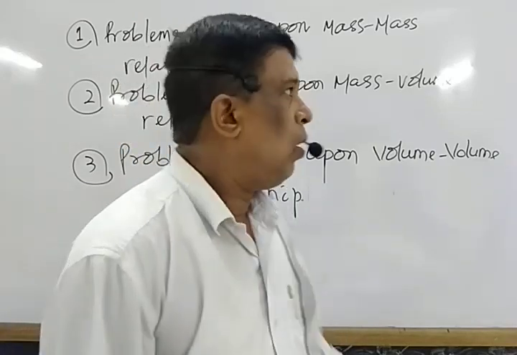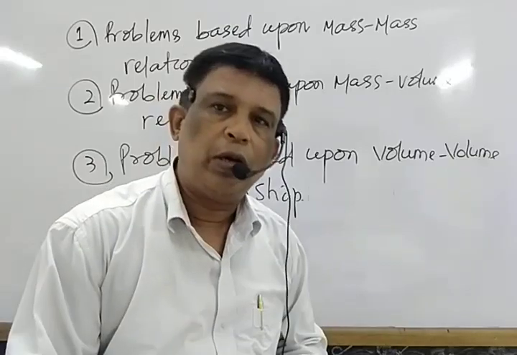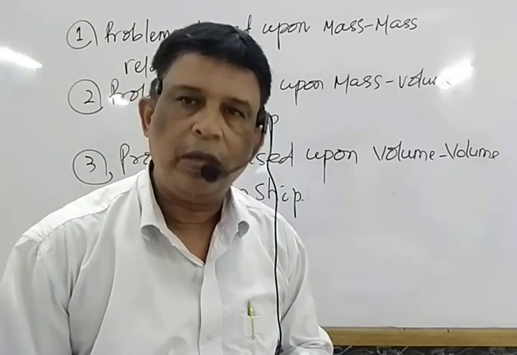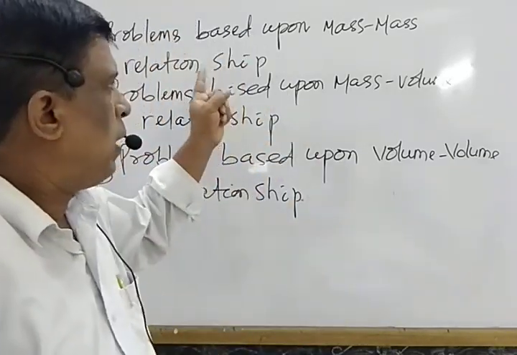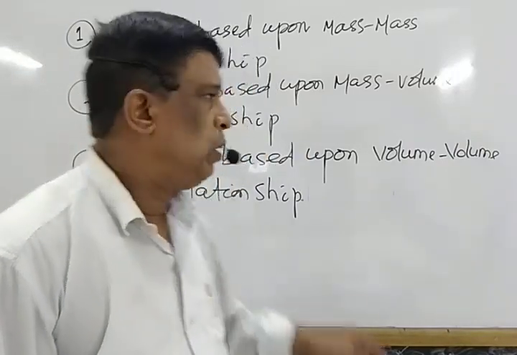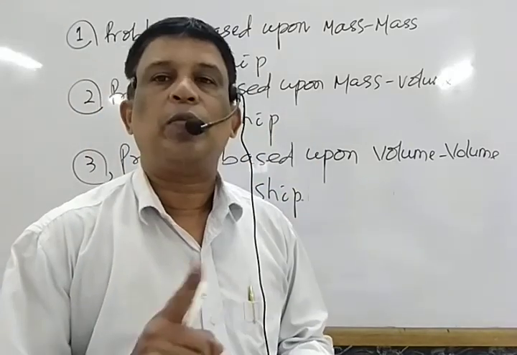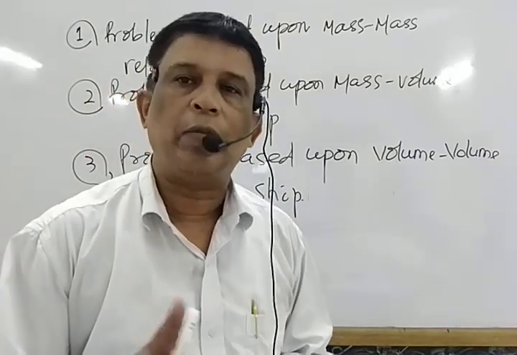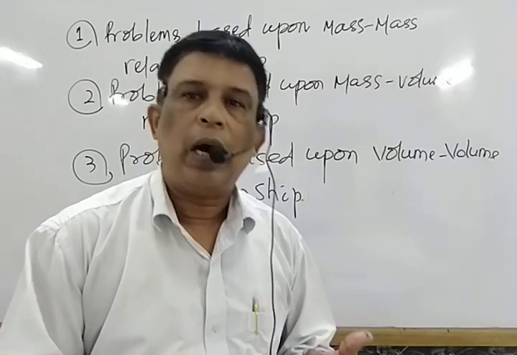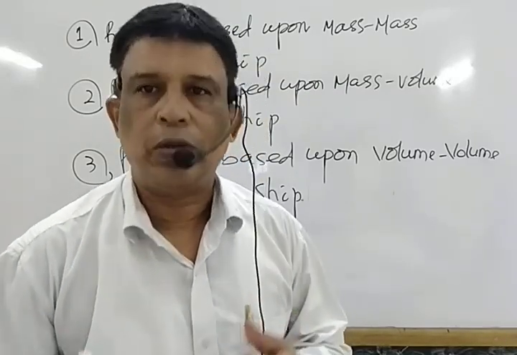I repeat again, we have to calculate the mass of any one of the reactants and products. Condition is that the mass of any one of the reactants and products is given. Point two, we have to calculate the mass or volume of any one of the reactants and products. Condition is that the mass or volume of any one of the reactants and products is also given.